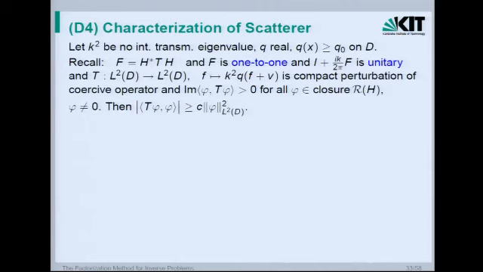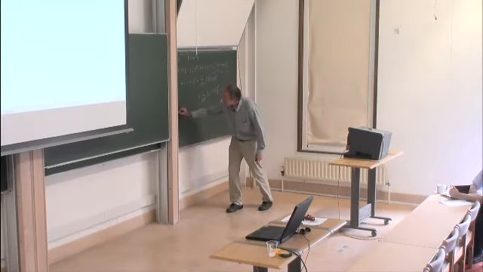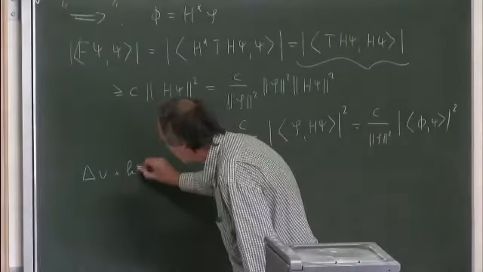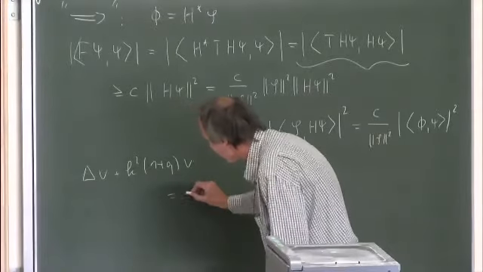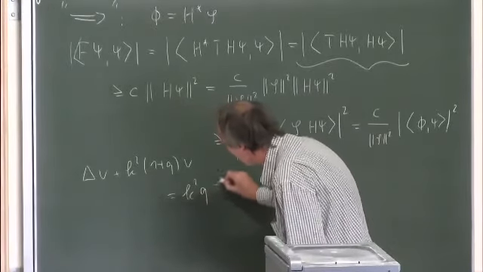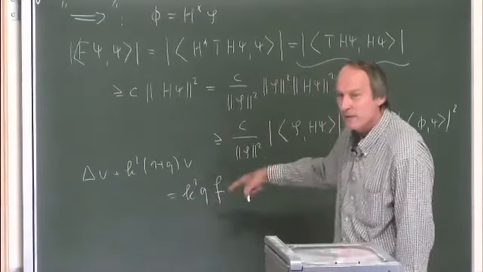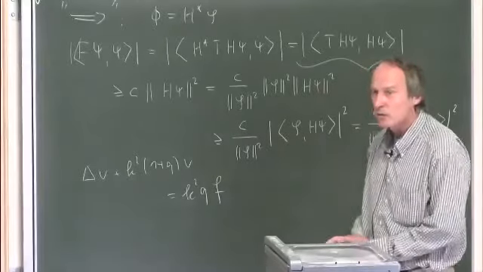Oh, it is, of course, important. What is the equation for v? v satisfies the kind of Helmholtz equation, delta v plus k square (1 plus q) v is equal to plus or minus, I've forgotten, k square. This v is a radiating solution of that.